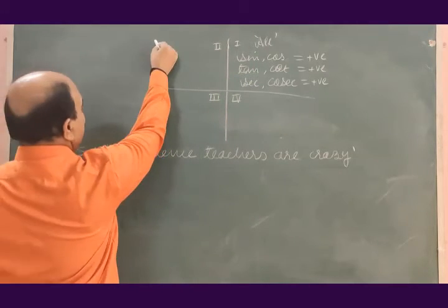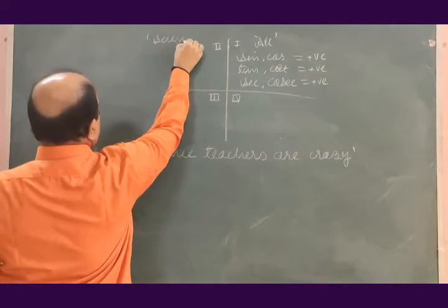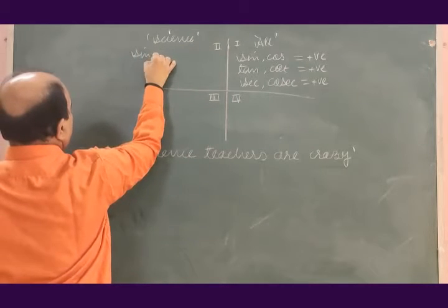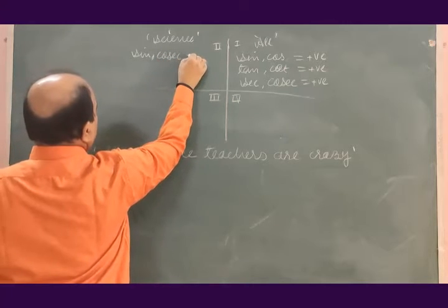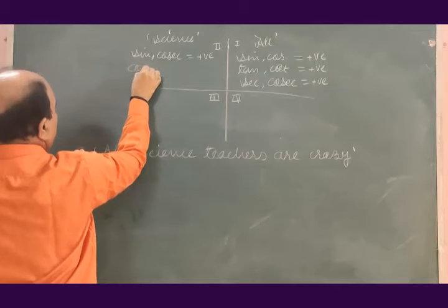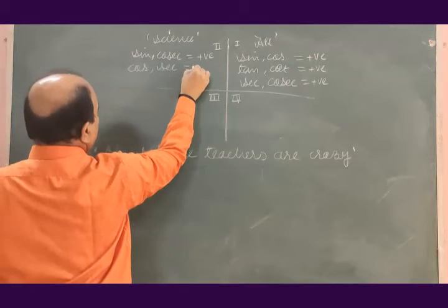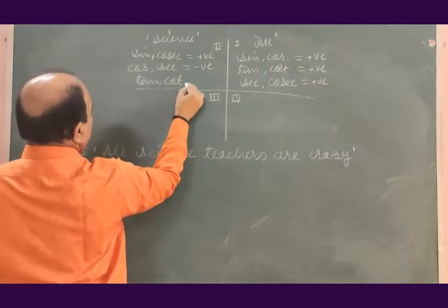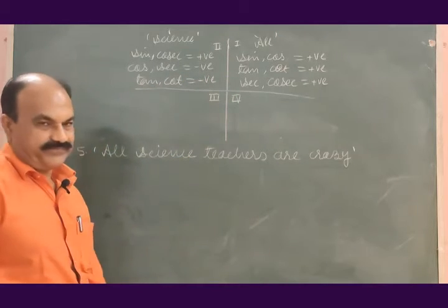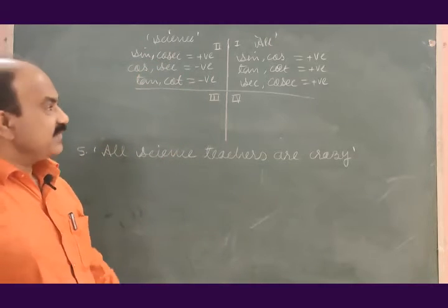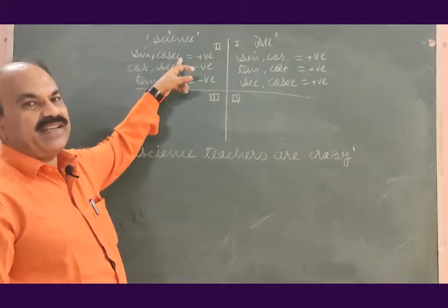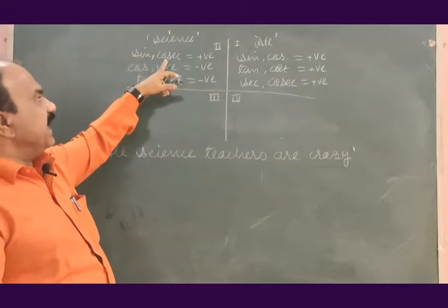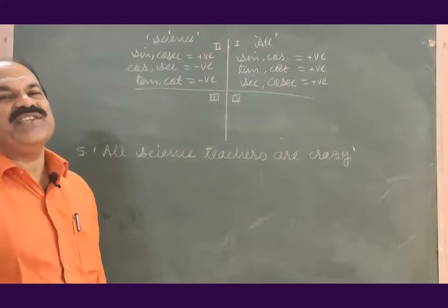Use "science" in the second quadrant. Science, second quadrant: only sine and its reciprocal cosec are positive in the second quadrant.